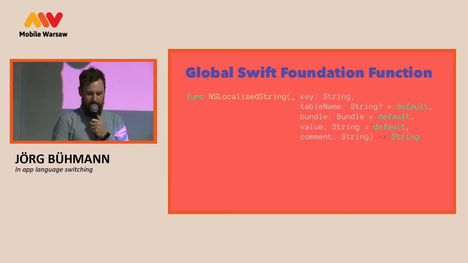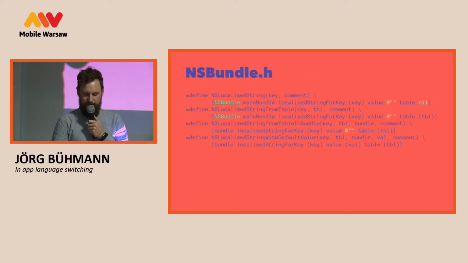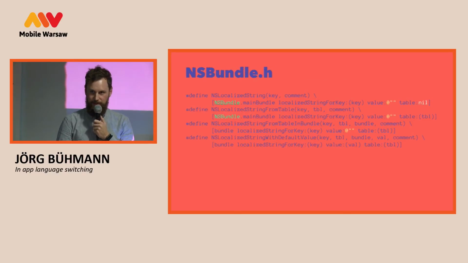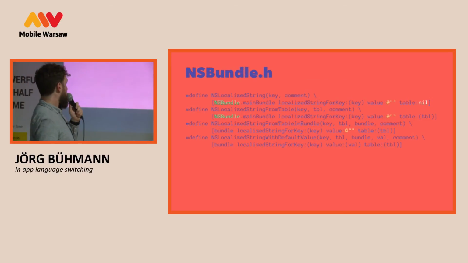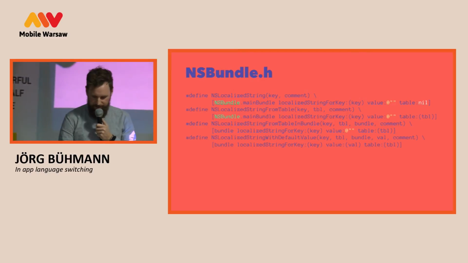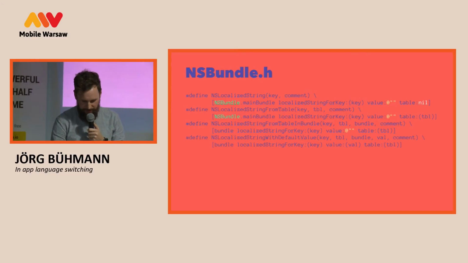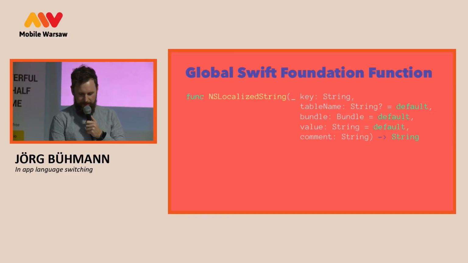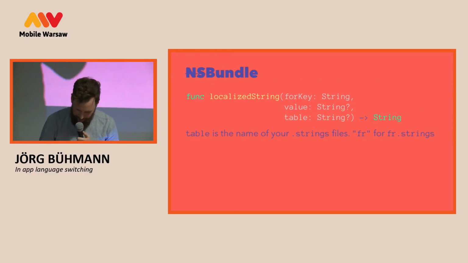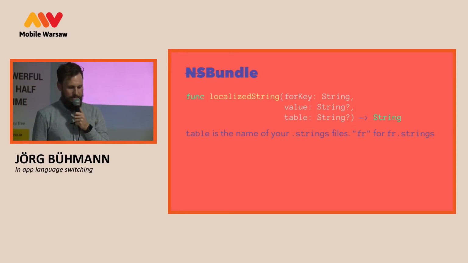What it does, if you look at the Objective-C version, you can see that it's just a macro around NSBundle and just calls bundle localizedString for key. So instead of using this function, we can basically go one layer deeper and go to NSBundle.